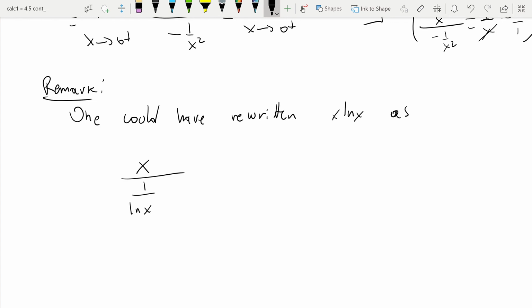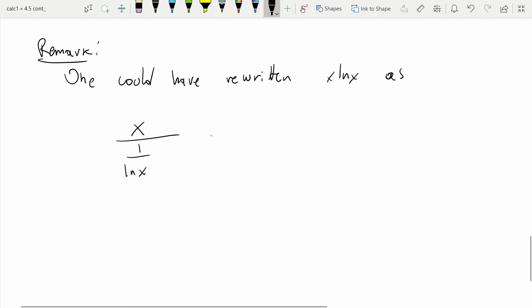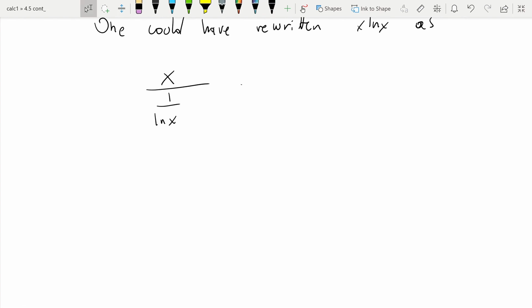In this case this is a perfectly legitimate form, because x is going to 0, and as natural log is approaching minus infinity, 1 over something really negative is approaching 0 as well. And this happens as x approaches 0 from the right. So we could apply L'Hopital's rule.